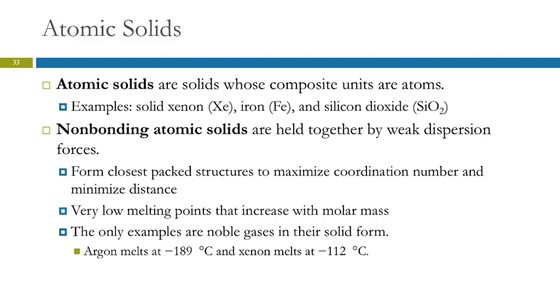We've got non-bonding atomic solids, held together by dispersion forces, because if you've got individual atoms, the only thing that can hold them together is dispersion forces. Dispersion forces are very weak, so these have very low melting points. Actually, the only examples of non-bonding atomic solids are noble gases in their solid forms, and those only exist at really, really low temperatures.